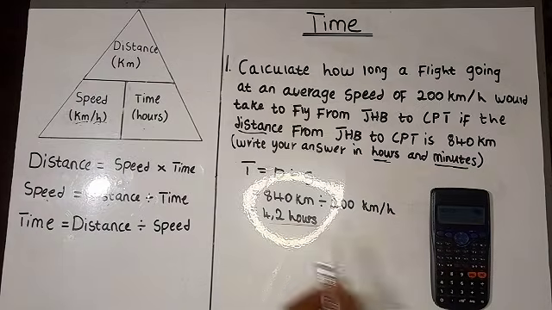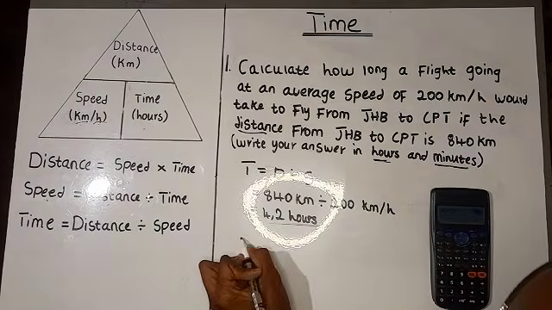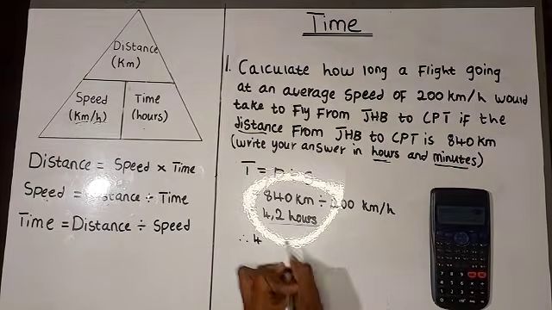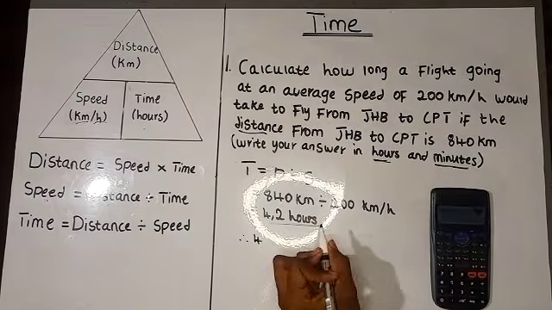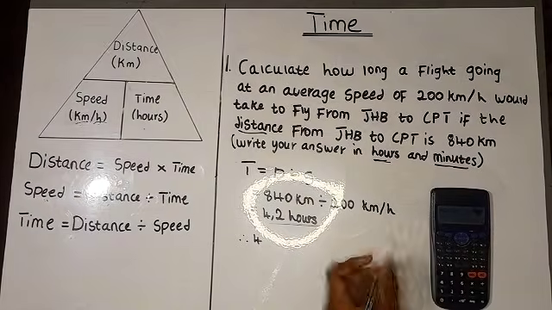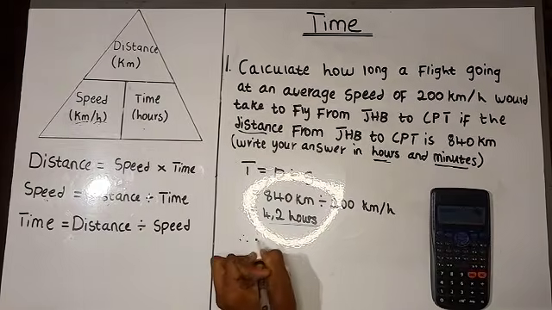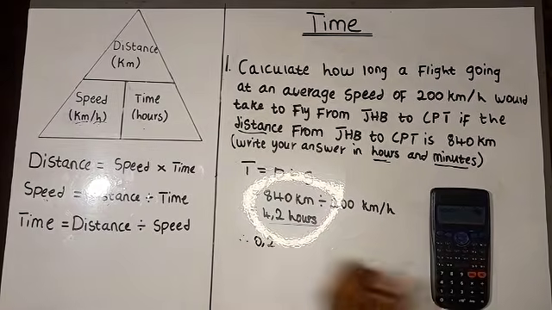When the time is like this, it means that we have 4 hours and 0.2 hours, right? So now we have to convert 0.2 hours into minutes.